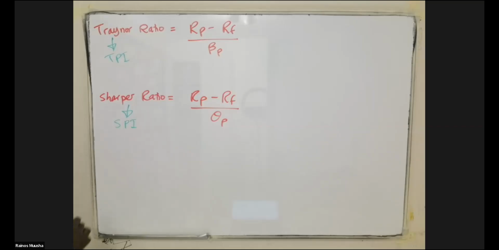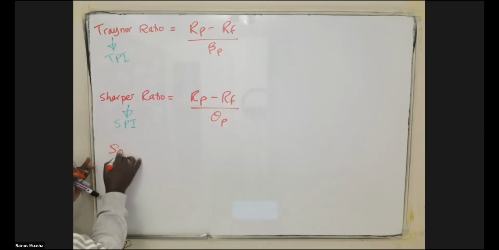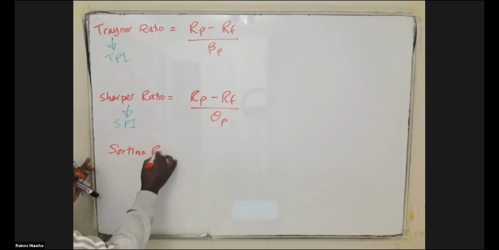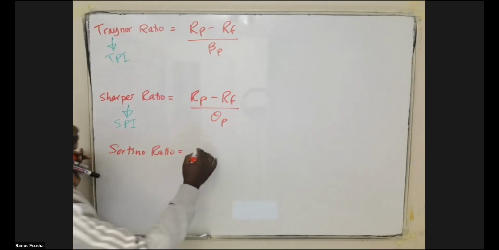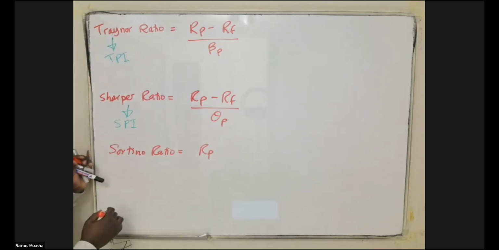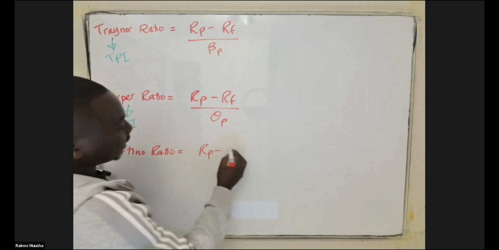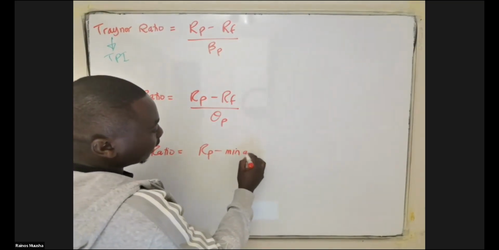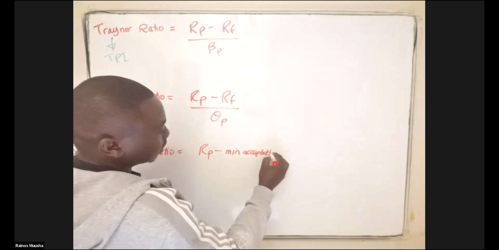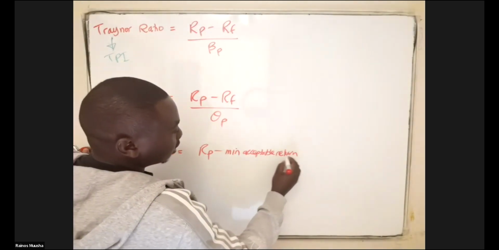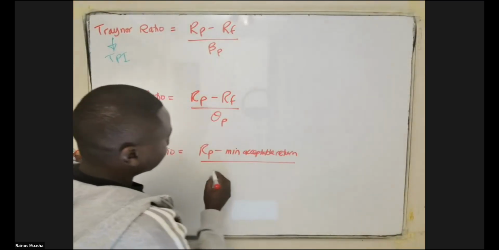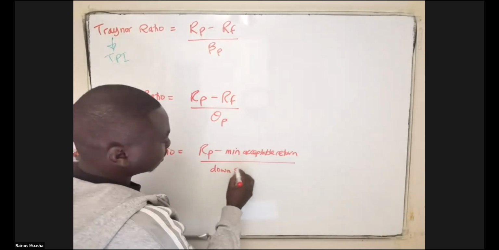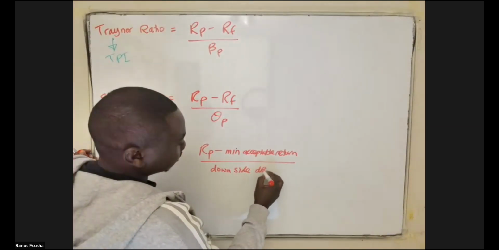Next, there is also the Sortino ratio. The Sortino ratio is equal to the return of the portfolio minus the minimum acceptable return, where the investor will know exactly what the minimum acceptable return should be, divided by the downside deviation.